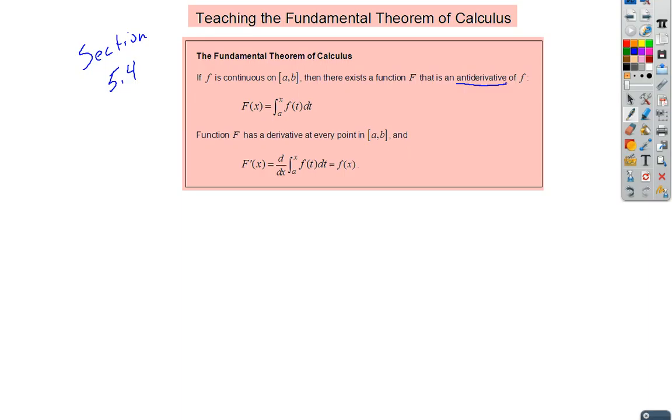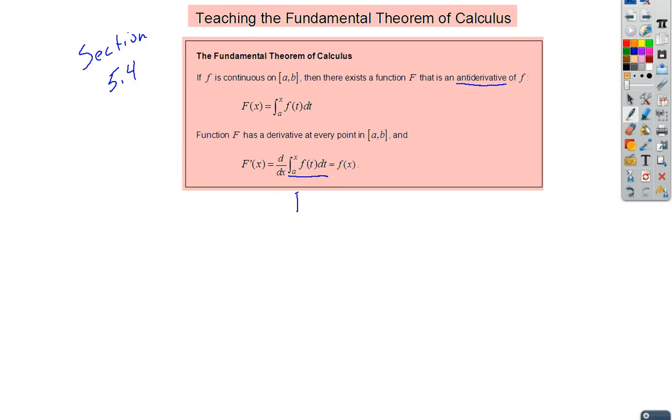And then the second part says that the antiderivative of little f, which is capital F, has a derivative at every point. So again, capital F is this part right here.